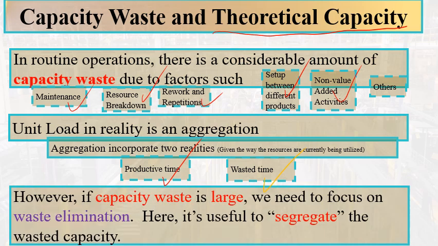And if the capacity waste, so our wasted time, is large, then we need to do something to eliminate that waste, which makes it very useful to be able to segregate the wasted capacity from the productive time capacity.